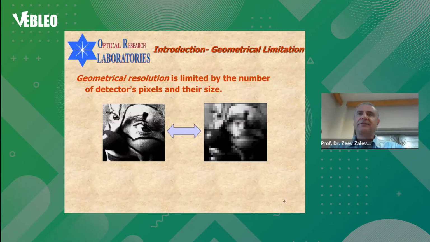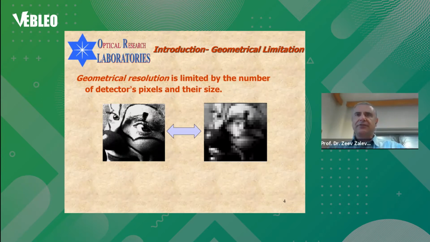On the detector, the intensity of the incoming light has practically an analog distribution in space, but the detector is pixelated. It has many pixels. Those pixels sample this analog distribution of intensity of light. And out of those samples, we want to reconstruct or to know the exact spatial information available in the intensity that arrived at the detector.